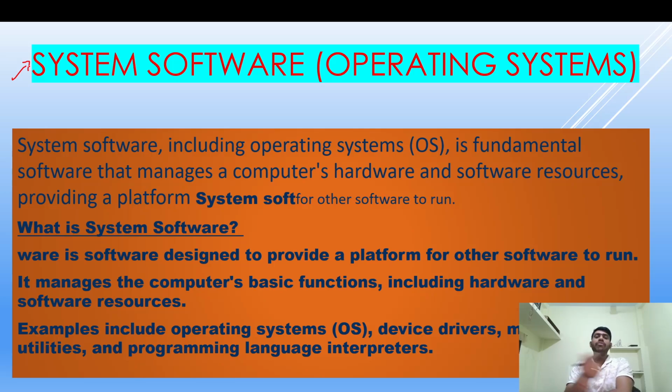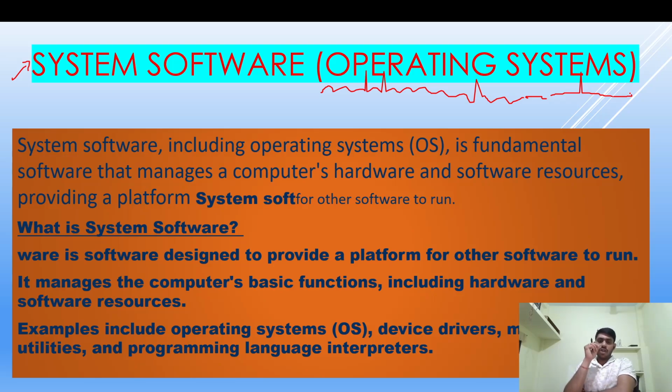We have different types of software: system software, application software, utility software, and other kinds of software that we are going to use. The first thing is system software, otherwise called the operating system, that we are using in our mobile phone or in our computer system.